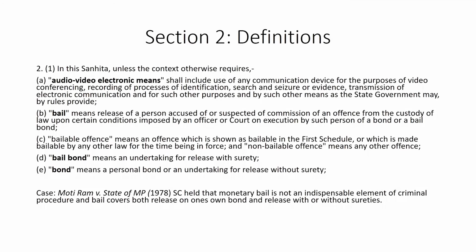And what is bail? It means release of a person accused of or suspected of commission of an offence from the custody of law upon certain conditions imposed by an officer or court on execution by such person of a bond or a bail bond. Now, see, if a person is suspected, the police can apprehend that person.